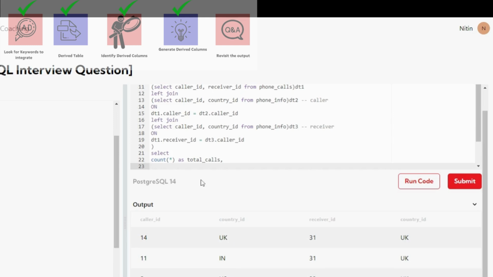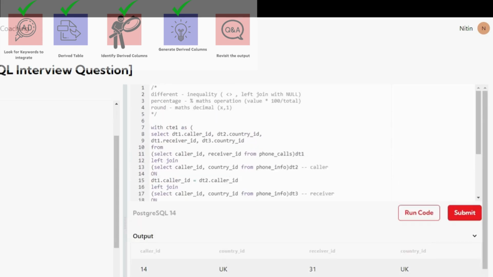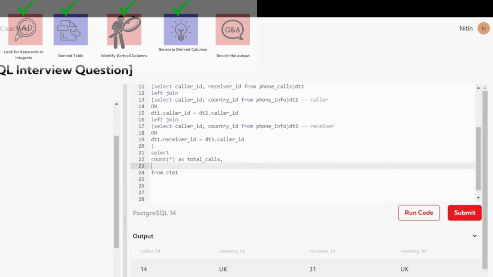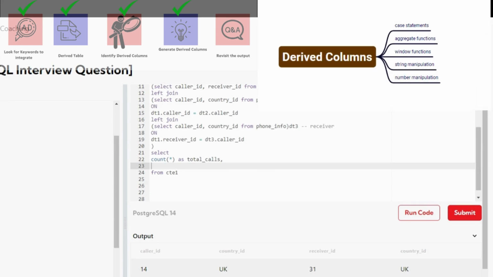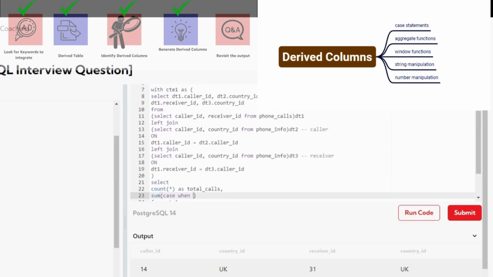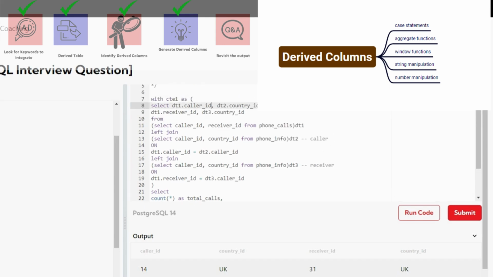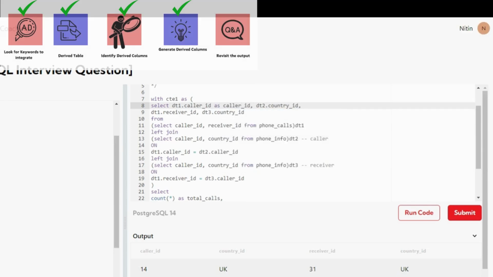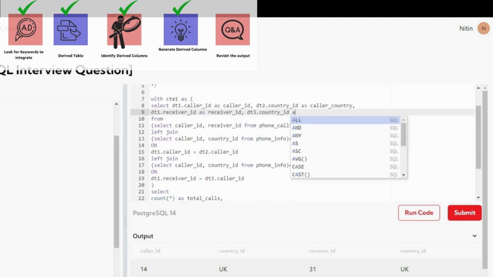So if you see here, I have to apply some inequality. At the same time, I have to do some aggregation also to be used in my percentage calculation. So what I will use is a very popular sum case pattern here, case when, and I will also give a better name here to avoid any confusion as caller country, and here as receiver country.